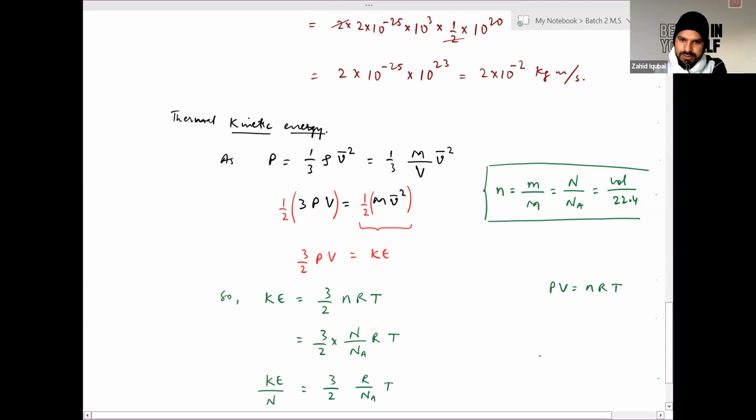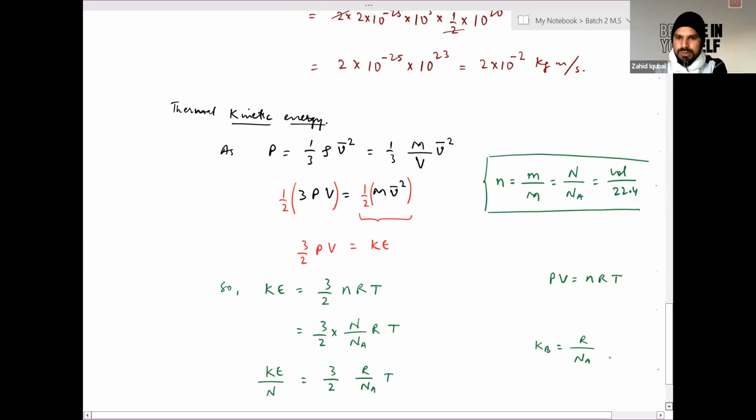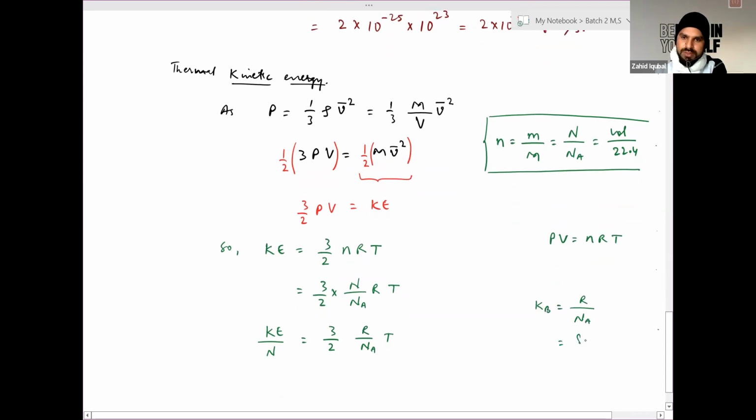Then we introduce another constant Kb, which equals R by Na. R is the universal gas constant, which equals 8.314. Na is Avogadro's number, 6.022 into 10 to the power 23. On solving, you get 1.38 into 10 to the power minus 23 joule per Kelvin, and this is Kb, the Boltzmann constant.